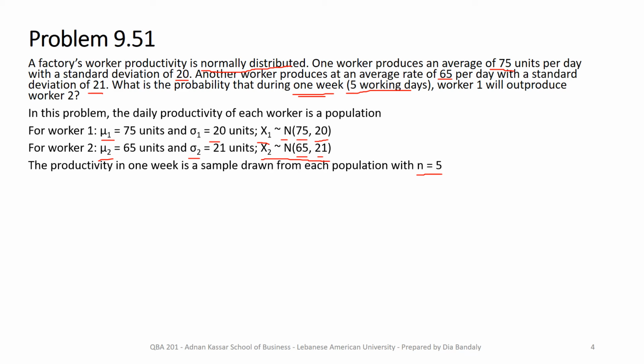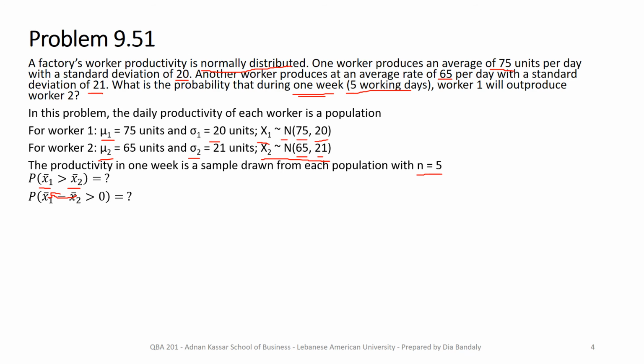Okay, so during these 5 days, worker 1 has a mean productivity, x1 bar, and worker 2 has a mean productivity, x2 bar. And the question is, what's the probability that x1 bar is greater than x2 bar? Since I know about a variable, which is the difference between two means, I will bring this to the left.